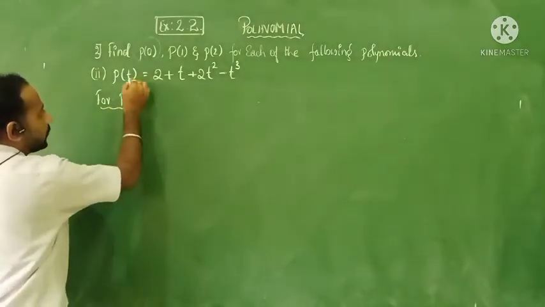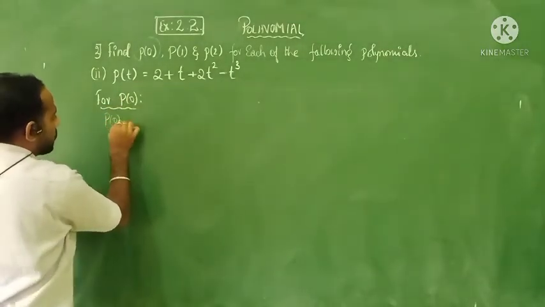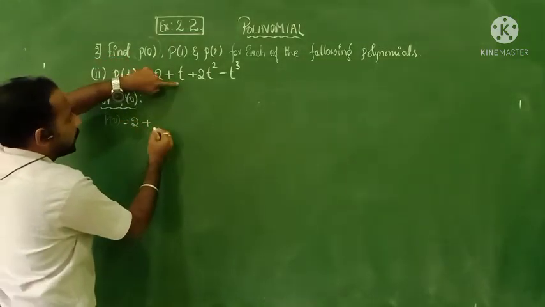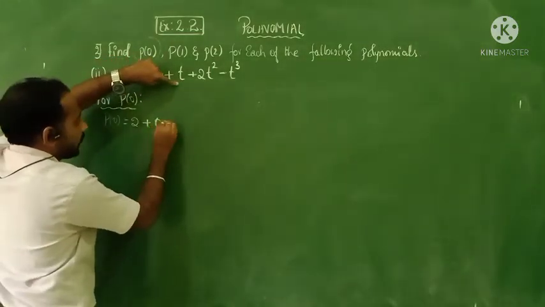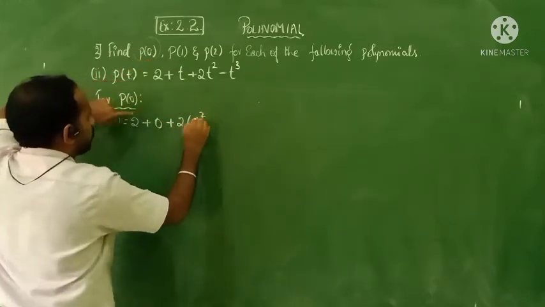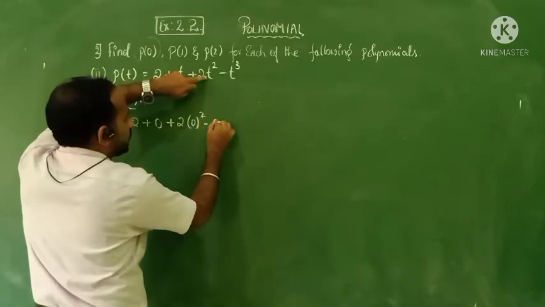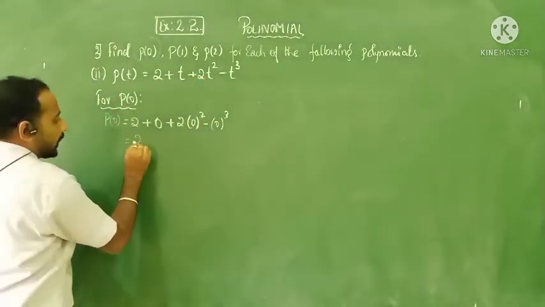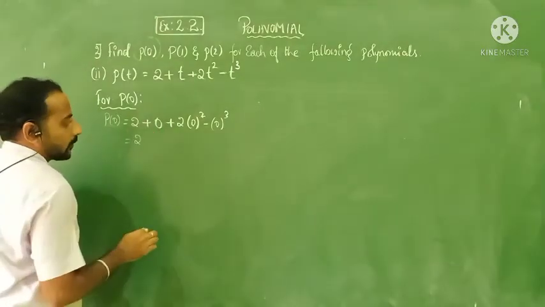For P of 0, same. P of 0 is equal to 2 as it is, you just write down. The value of t now is 0, plus 2 into 0 whole square, next minus 0 whole cube. 2 as it is, you write down 0, you leave it, no problem.